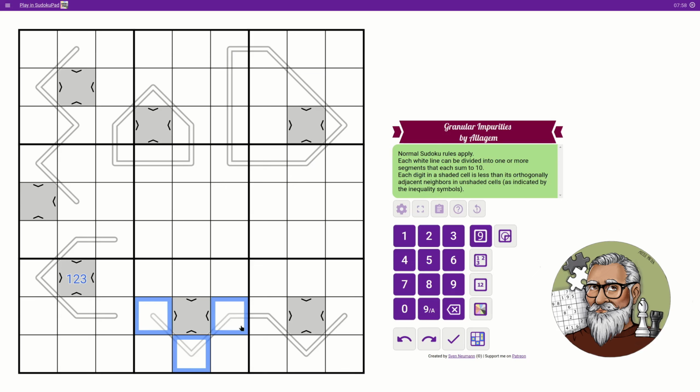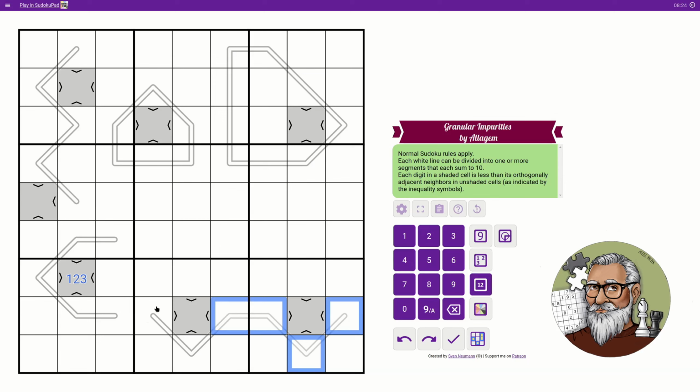Because if this is a 3 cells 1, then this is as well a 3 cells long segment. And the only way to make 10 with 3 digits within the same set is 2, 3, 5, right? Without 1. 2, 3, 5. Yeah.